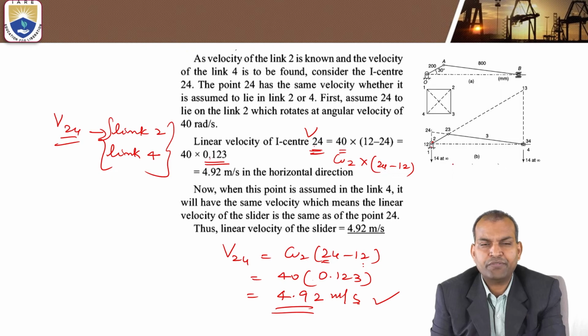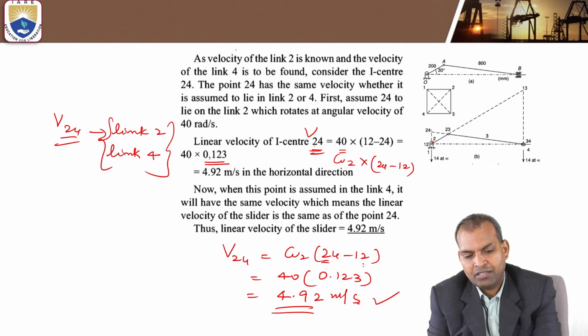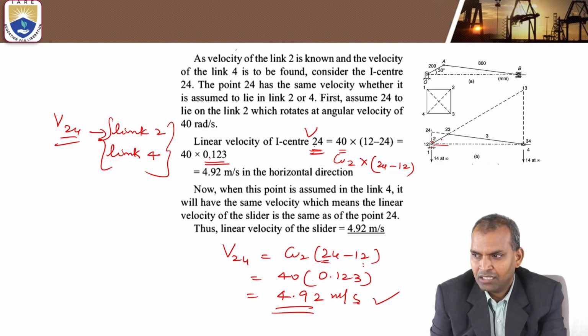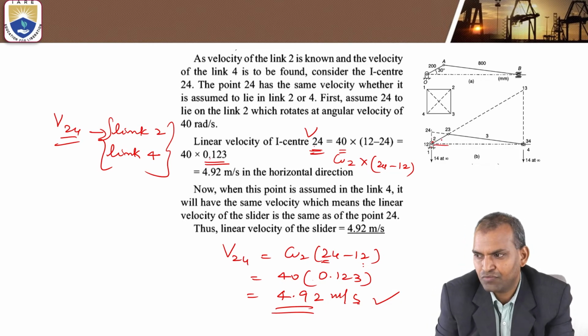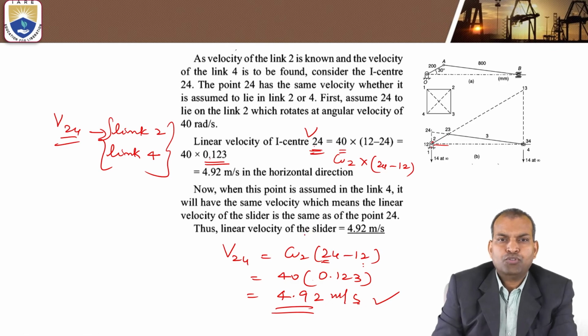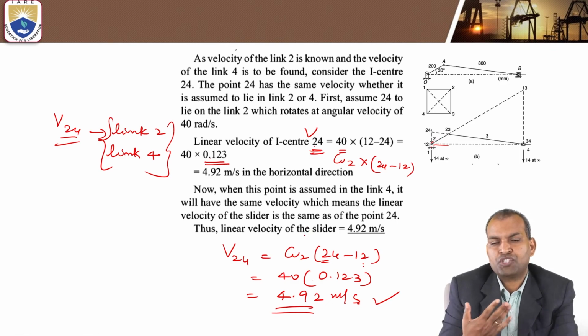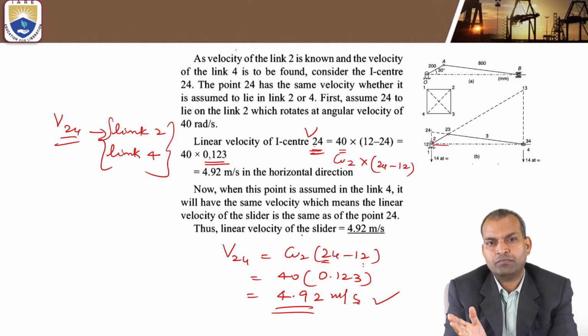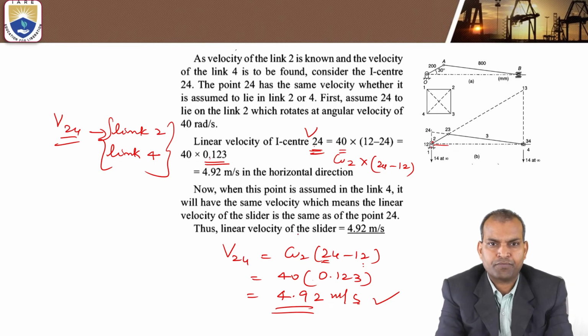Suppose it is 45 degrees, the location of the I centers will change. If the crank angle with the horizontal is 60 degrees, the location of the I centers will again change. So these I centers will change from instant to instant, or with the angle of the crank with the horizontal.